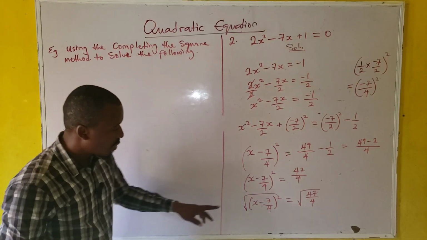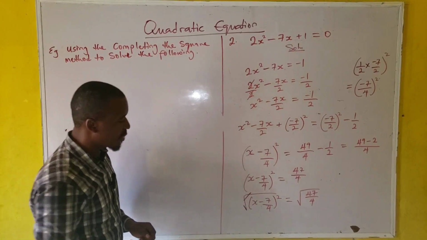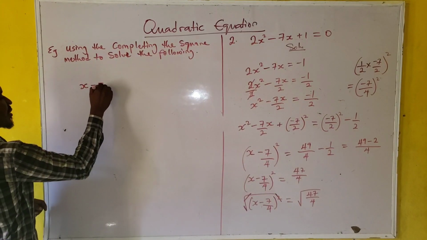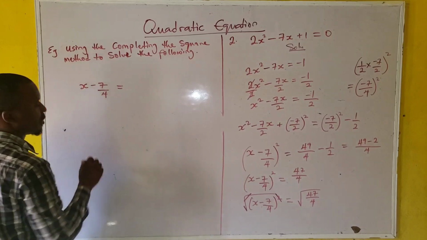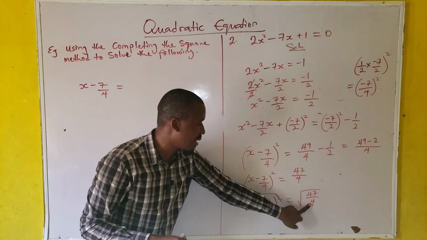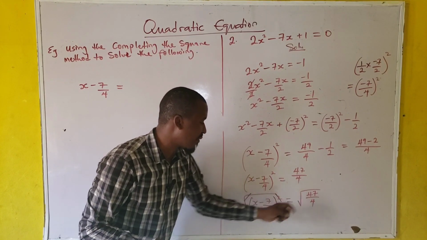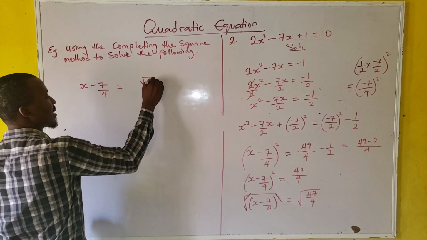Okay, so when you divide the square root with the square, you are going to have s minus 7 over 4 equals to, the 4 here is a perfect square, so the square root of 4 here is 2, so the square root is not going to affect the 4. So I will have my square root of 47.